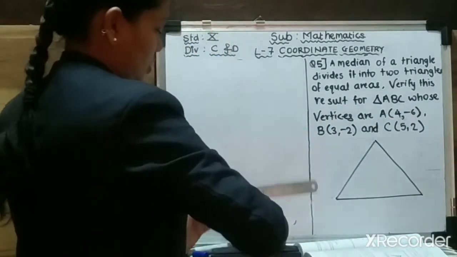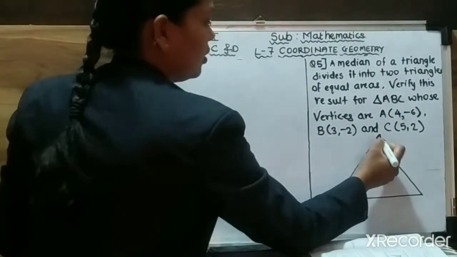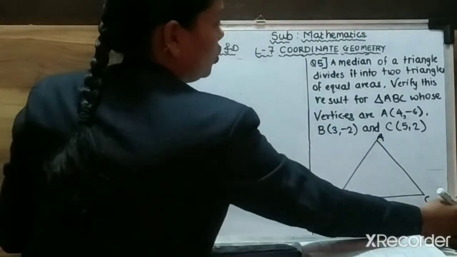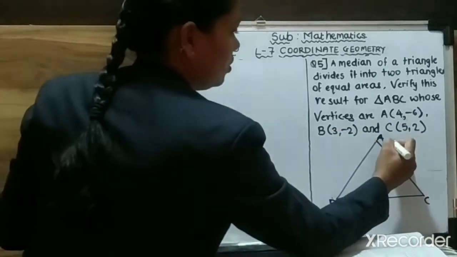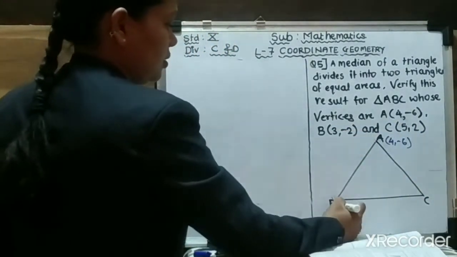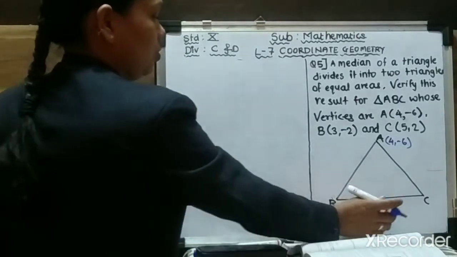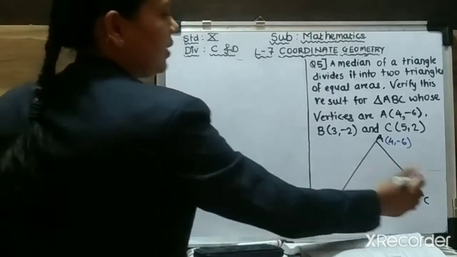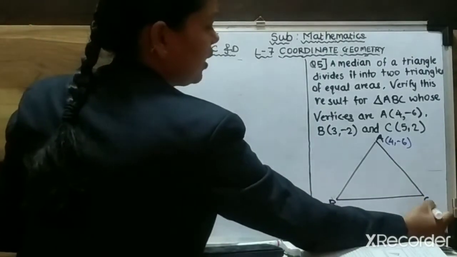Okay, so this is our triangle ABC whose vertices, write it down: A is 4, minus 6. B is 3, minus 2. And C is 5, 2.